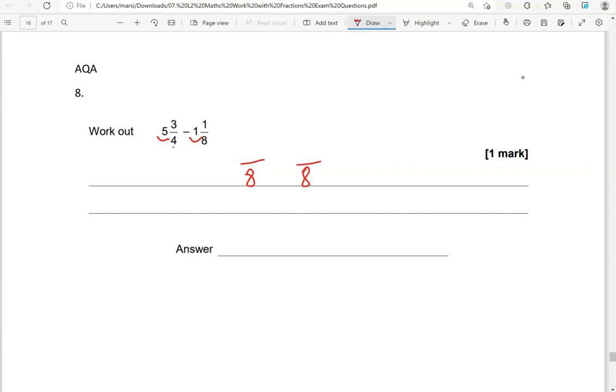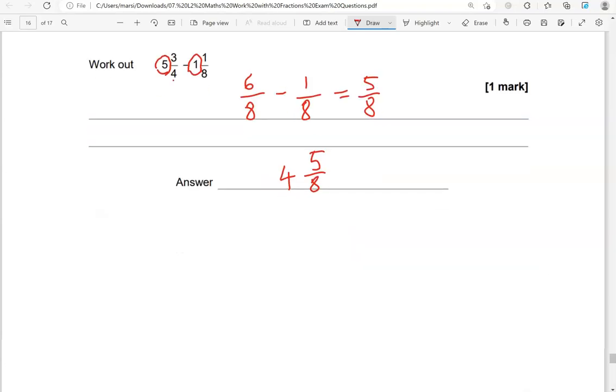So to get from 4 to 8 we've doubled, so we double the 3 as well to get 6. And we keep the other fraction as it is. So 6 take away 1 gives us 5, so 5/8. Whole numbers now, we've got 5 take away 1, which is 4. So 4 and 5/8 is the answer.